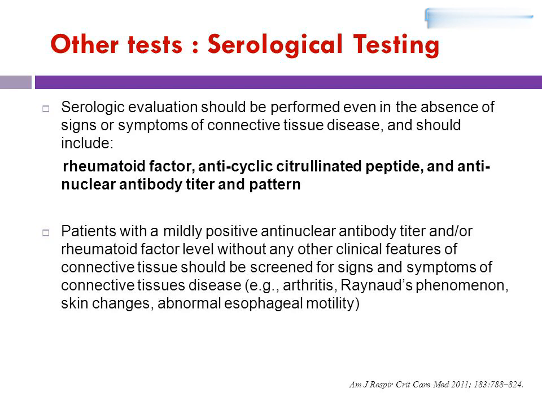Patients with a mildly positive anti-nuclear antibody titer and/or rheumatoid factor level without any other clinical features of connective tissue disease should be screened for signs and symptoms of connective tissue disease, for example arthritis, Raynaud's phenomenon, skin changes, abnormal esophageal motility. Am J Respir Crit Care Med 2011, 183:788-824.